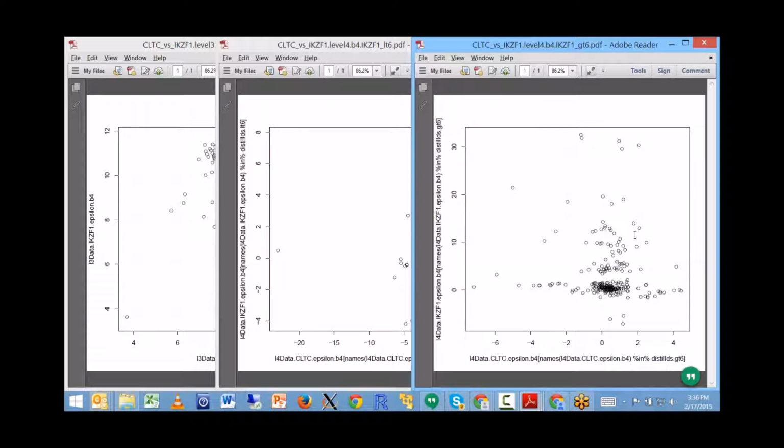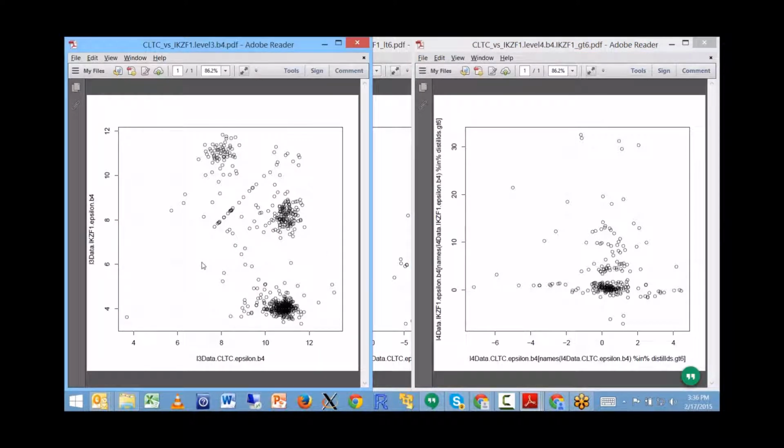Mm-hmm. Yeah, I don't know if this is in level 2, but it would be interesting to know how many of the measurements were out of range, or had no expression level, or something like that.